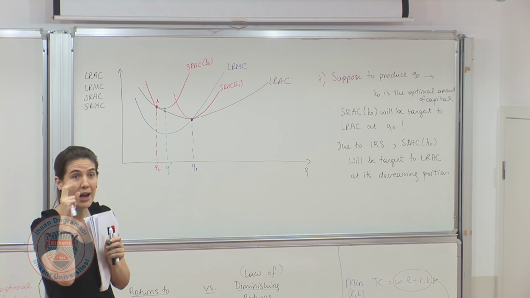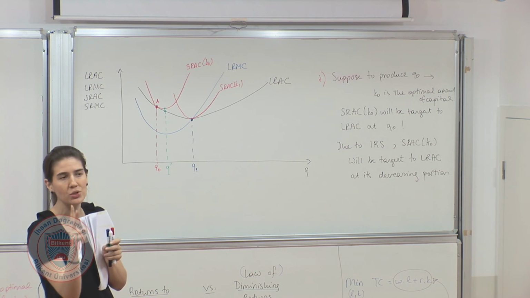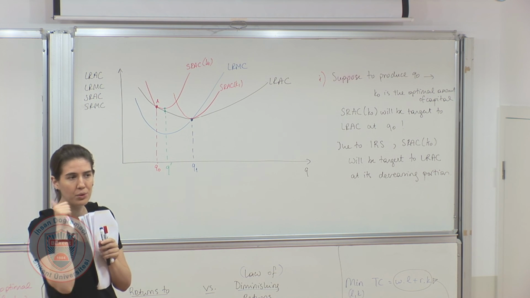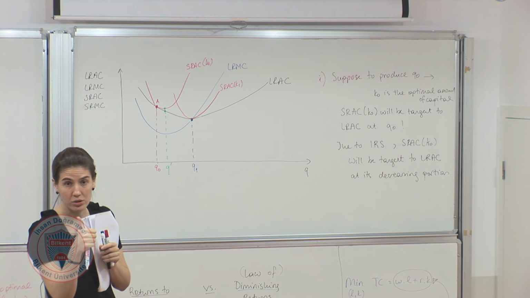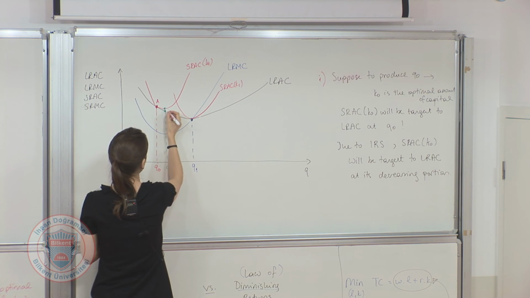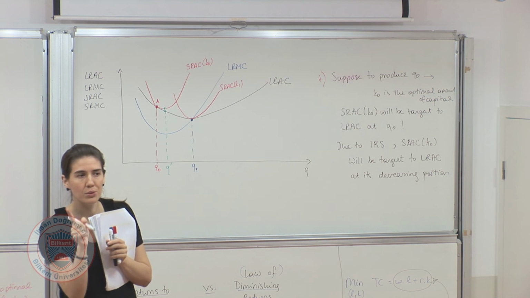Okay, so you actually know two things about the marginal cost curve. First, marginal cost is going to pass through where? The minimum of average cost, right? So you said that, okay, it has to go through here, right? And also it should pass through where?